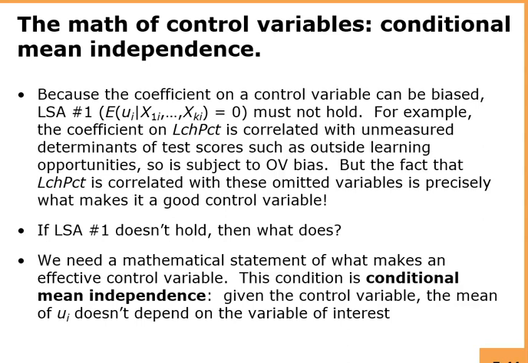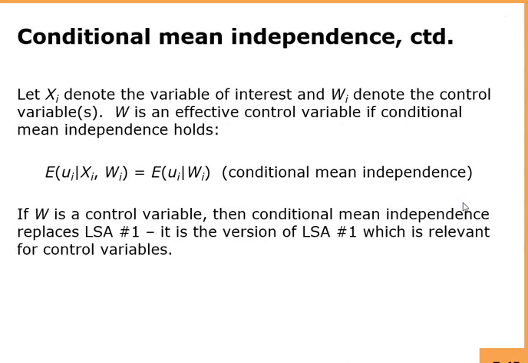Given the control variable, the mean of u doesn't depend on the variable of interest, and we can show that mathematically as well. Let x denote the variable of interest and w denote the control variable. The control variable w will be an effective control variable if the conditional mean independence holds.